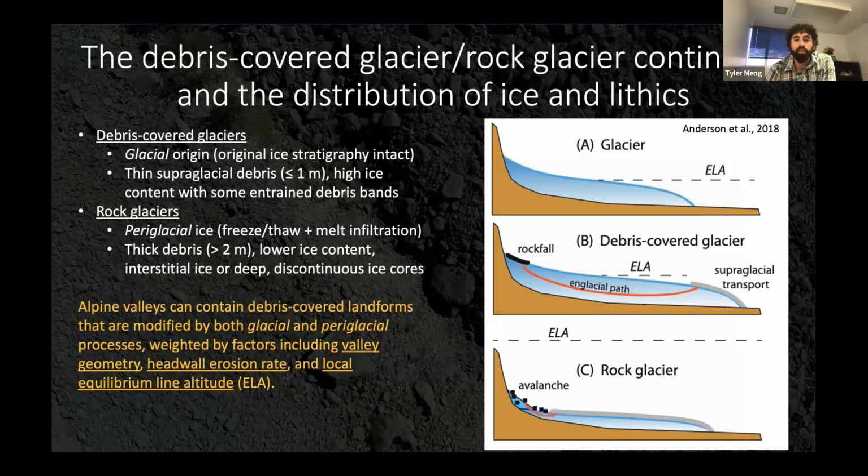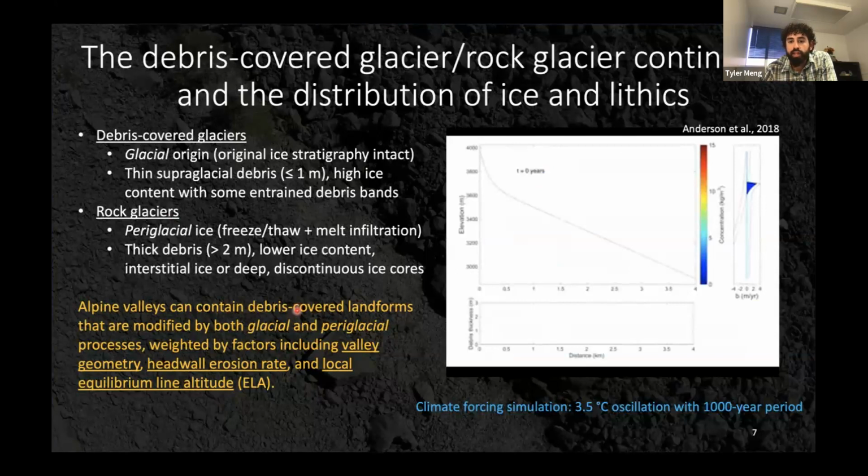Some of the parameters that may influence these evolutionary differences are valley geometry, so things like the cirque parameter and the accumulation area, the headwall erosion rate, and then environmental factors that can also change over time, such as the local equilibrium line altitude.